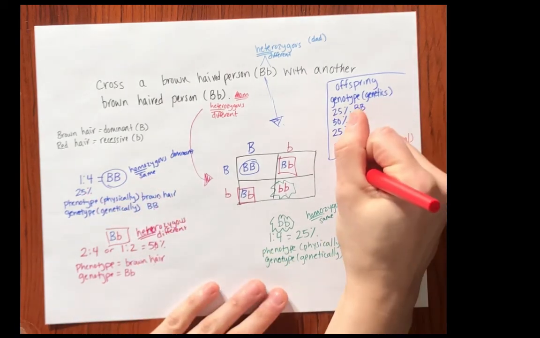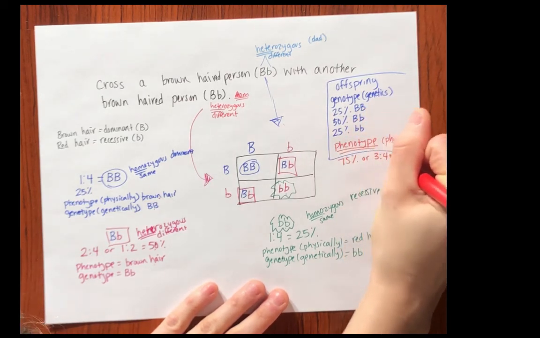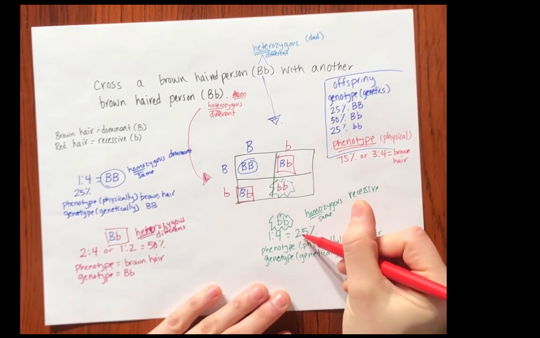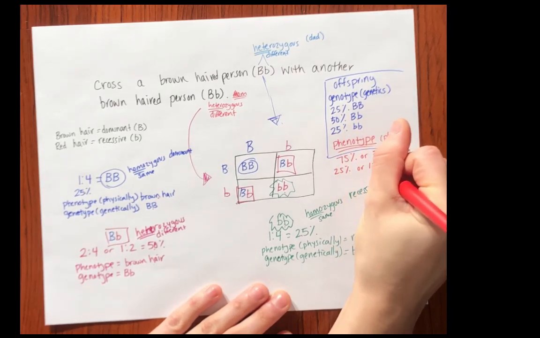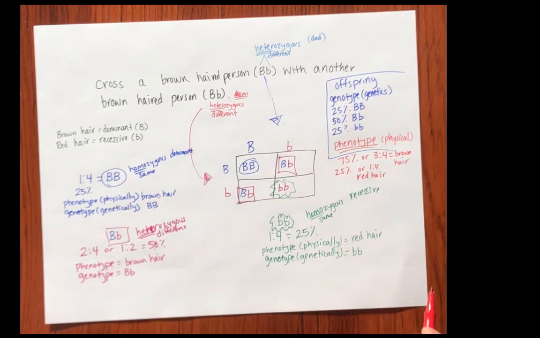So that would mean 75%, or 3 out of 4, are going to have brown hair. And that would mean that 25%, or 1 out of 4, are going to have red hair, because red hair is recessive.